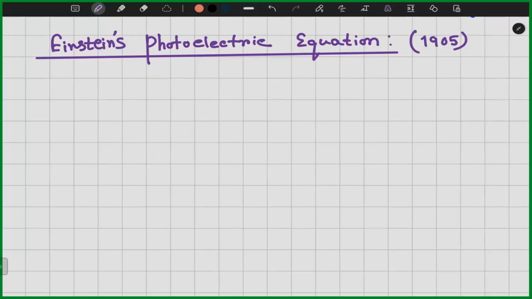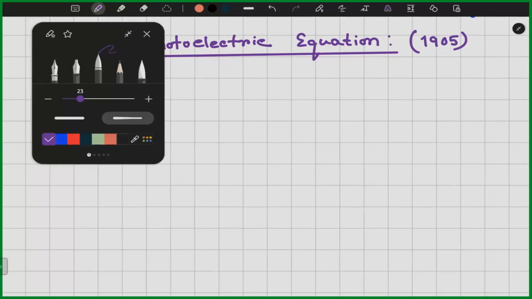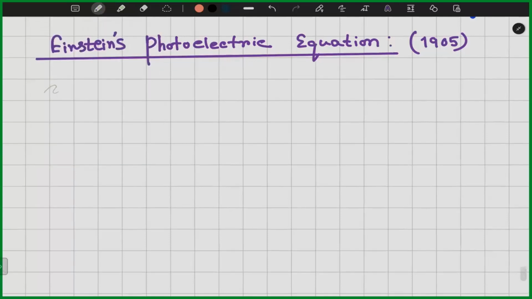Before that, Planck had already given some idea about the quantization of light. Planck said that the energy of light is not continuous. It is quantized.